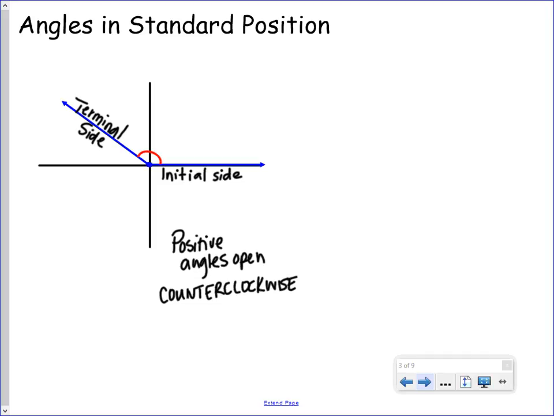Just to help you with counterclockwise and clockwise, if you have a hard time remembering which is which, if you are familiar with, and you should be, the numbers for the quadrants on a coordinate plane, so this top right is quadrant 1, top left is quadrant 2, bottom left is quadrant 3, and bottom right is quadrant 4.